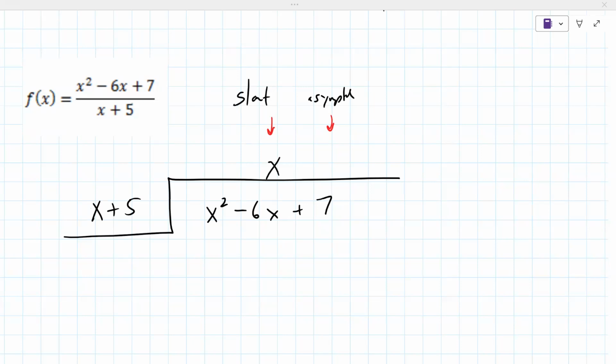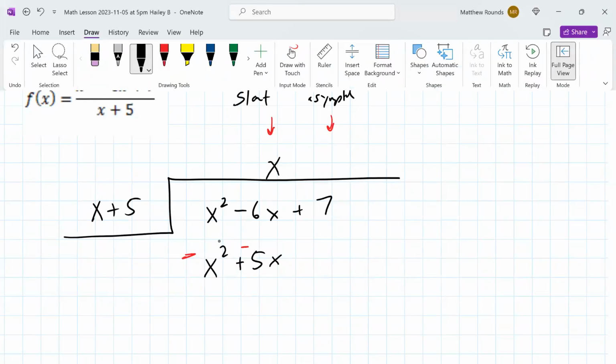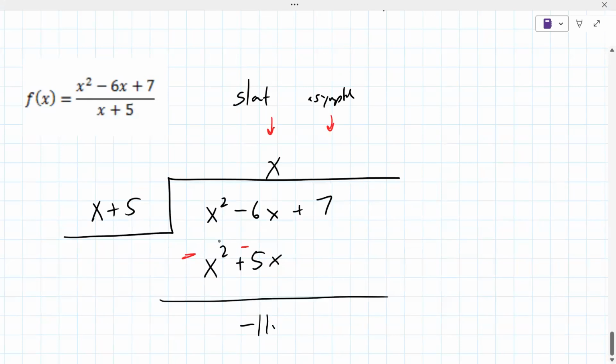I get x plus 1 and then a remainder of 2. So you said x plus 1? I had x plus 1 on top and then a remainder. So remember, you change the signs here. So it goes negative and negative. And when you add, you get negative 11x plus 7. I see it.